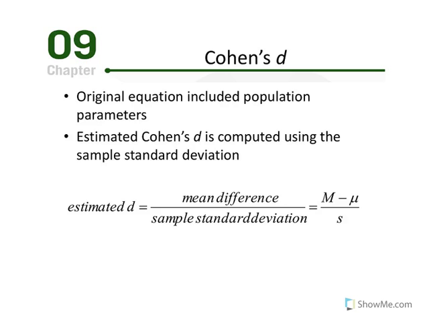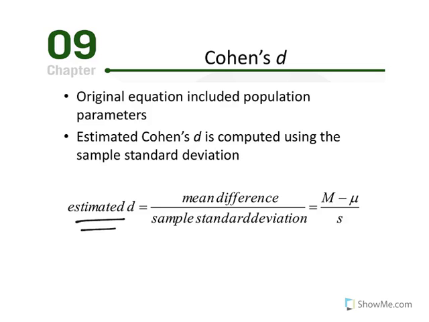So just to review, here's more information on Cohen's d. The original equation included the population parameters. Our estimated Cohen's d is computed using the sample standard deviation. So down here, now in this chapter, we'll see the verbiage used, estimated d. And the reason is because now we're working with sample statistics as estimators of the population parameter.